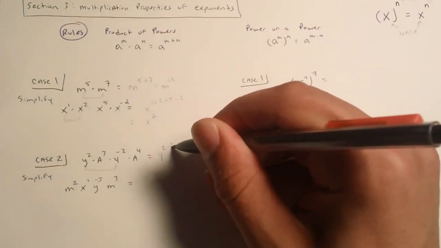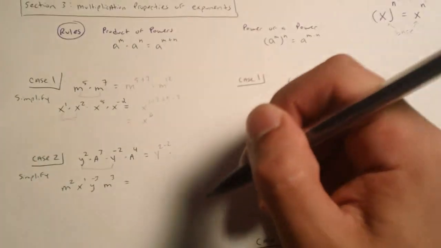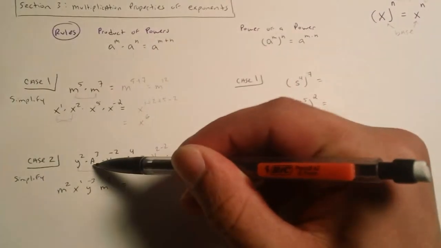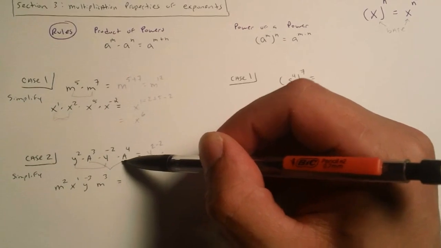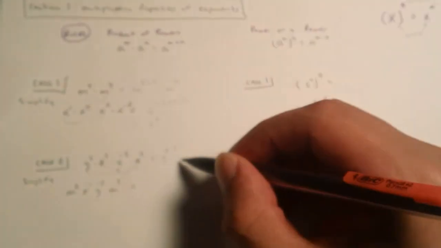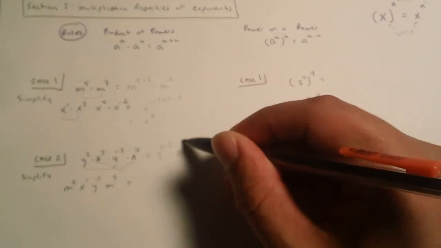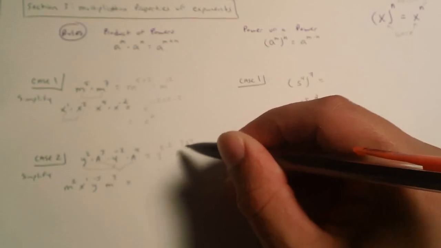We have y^(2 minus 2) times, and our other bases here are a's, so it will be a^(3 plus 4).